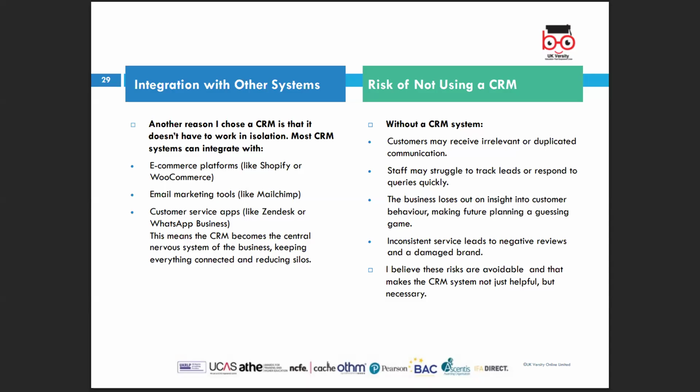Most CRM systems can integrate with other platforms such as e-commerce platforms like Shopify and WooCommerce, email marketing tools like Mailchimp, and customer service apps like Zendesk or WhatsApp Business. This means the CRM becomes the central nervous system of our business, keeping everything connected and reducing silos.